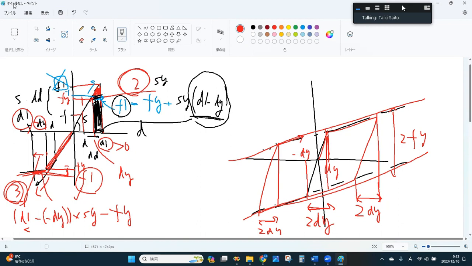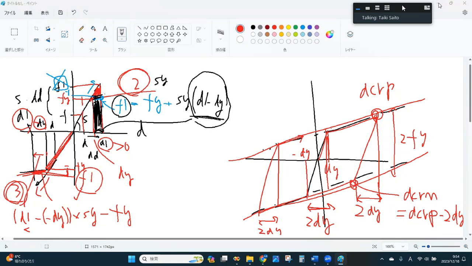So we know this point, DCRP, is a deformation, and this point we call DCRN. So it is DCRP minus 2Dy. Okay? So it's very easy. We use this relationship.